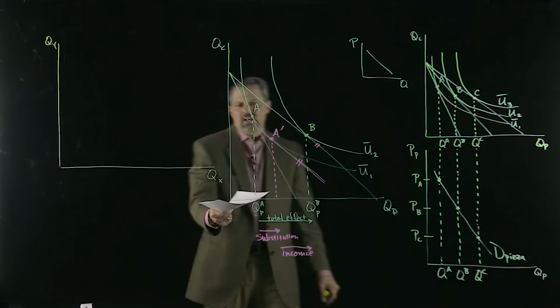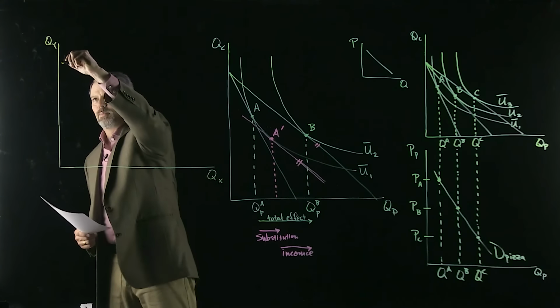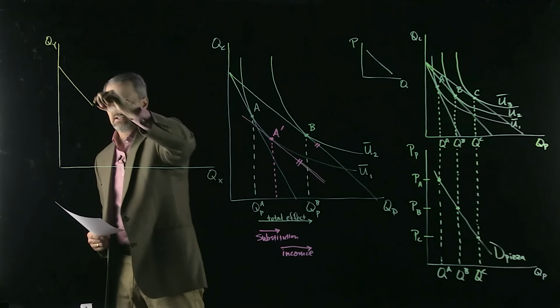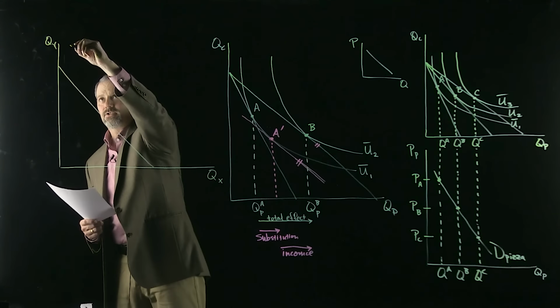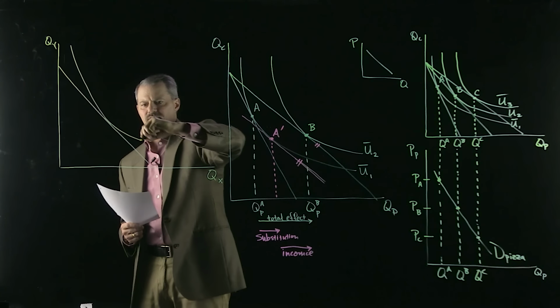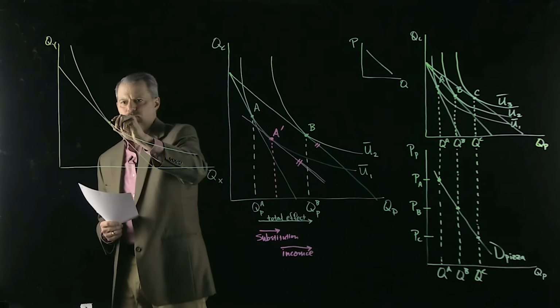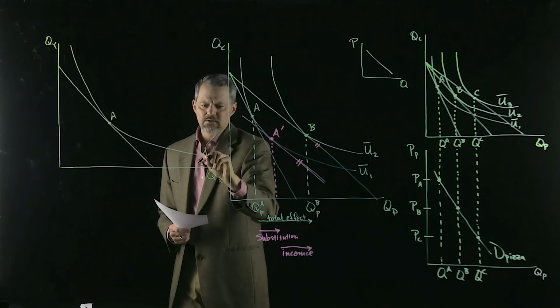So we're not going to call these anything. It's just X and Y. So I'm going to put my initial budget constraint right here. I'm going to have an initial point of tangency, say right here at point A. Here's my indifference curve, U1.